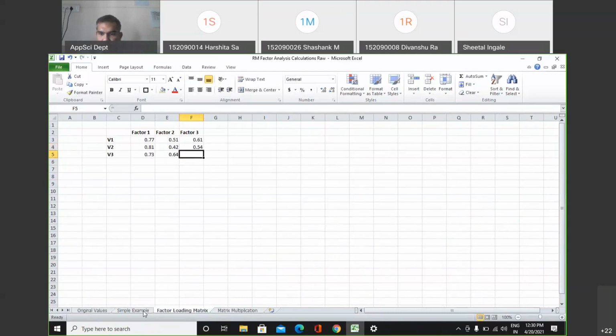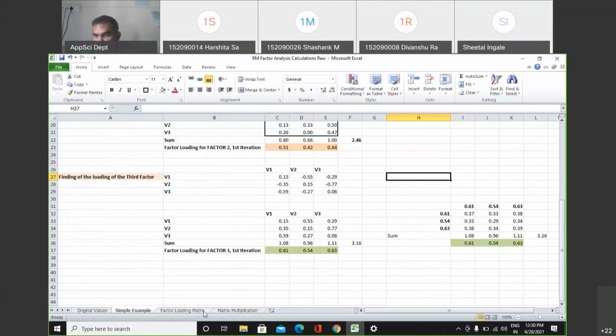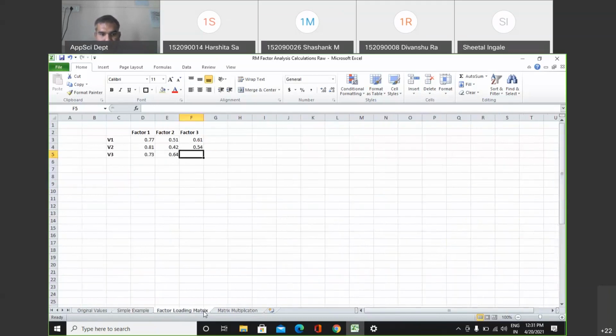Because these are three variables, I am doing it like this. Otherwise, we cannot imagine it in actual research with 30 questions and 300 respondents, more or less.